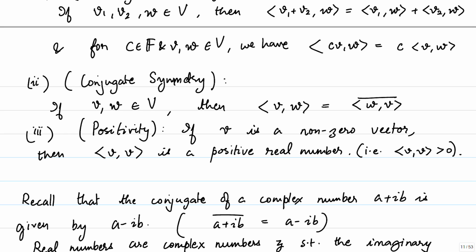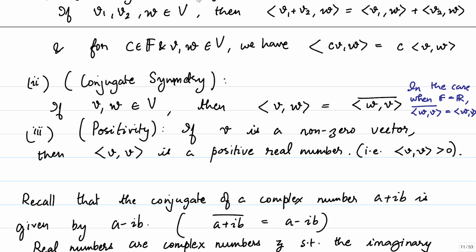So, let me just note that, in the case when F is equal to R, the conjugate of <w, v> will just turn out to be equal to <w, v>. So, conjugate symmetry is just symmetry in the case when we are working over real vector spaces.